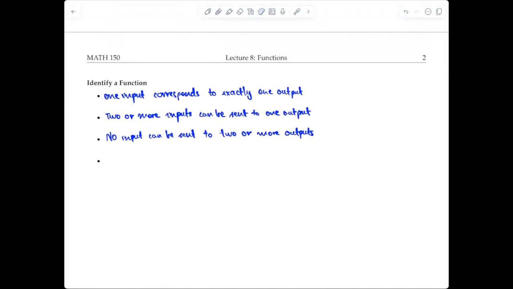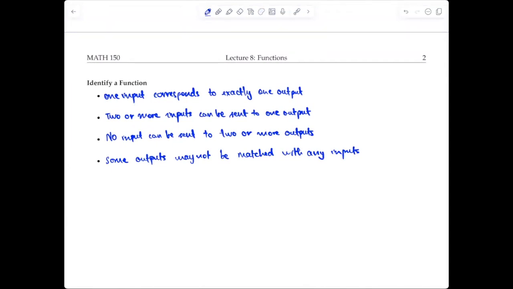Okay, so the fourth point is some outputs may not be matched with any inputs. Okay, so there are four different properties that allow you to identify if a relation is a function or not.